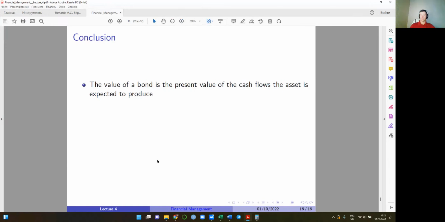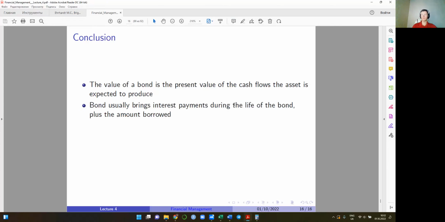So to conclude, what we have covered in this lecture. First of all, we know that the value of a bond is computed as the present value of its cash flows. And we know that a usual bond produces interest payments during the life of the bond plus the amount borrowed.